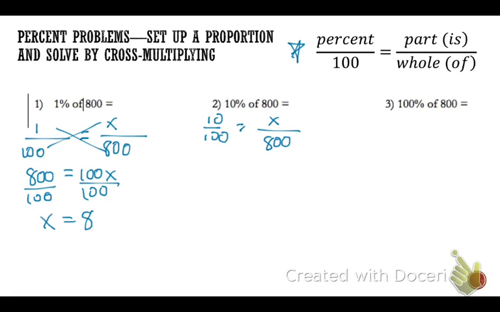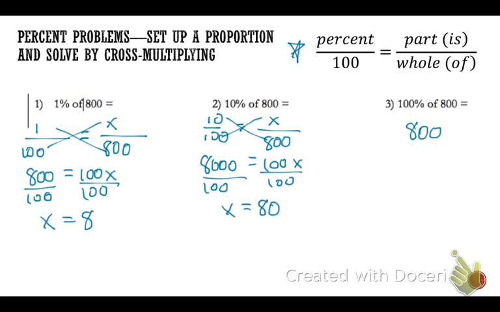So what is that amount? So then we can just cross multiply. So we'll get 8,000 equals 100x. And then we'll divide. 80. And then finally, 100% of 800. Now let's not set up a proportion for that, because 100% of anything is just itself. So that's simply going to be 800.